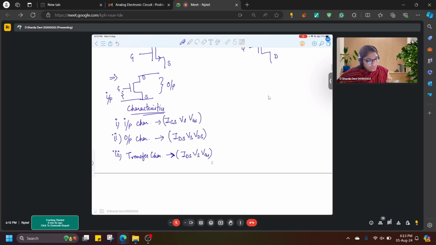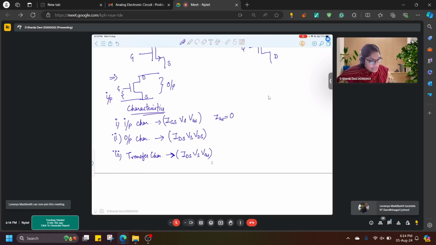Now, in a MOSFET, the gate has an insulator, so it breaks the flow of current. So IG is always zero, ideally, until you apply such high voltages that it leads to oxide breakdown. Until then, your IG will always be zero.